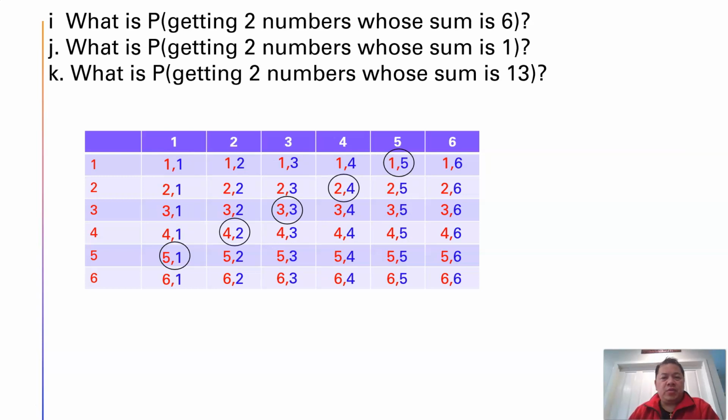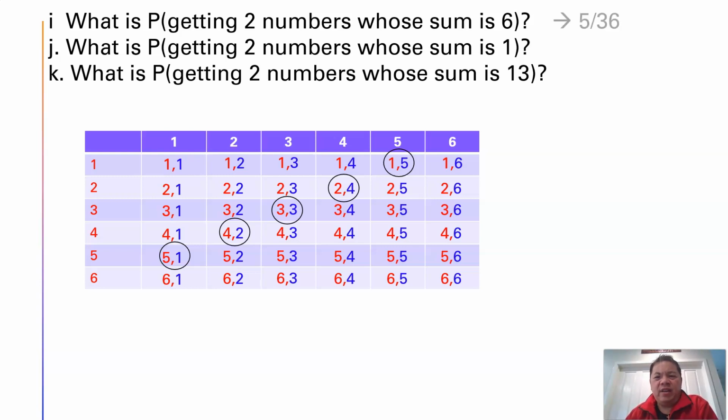Moving on, next question. What's the probability of getting a sum of 6? You need to add up the numbers, and I realized that there are 5 possible ways. So it's 5 out of 36 chance. Next, what's the probability of getting 2 numbers whose sum is 1?